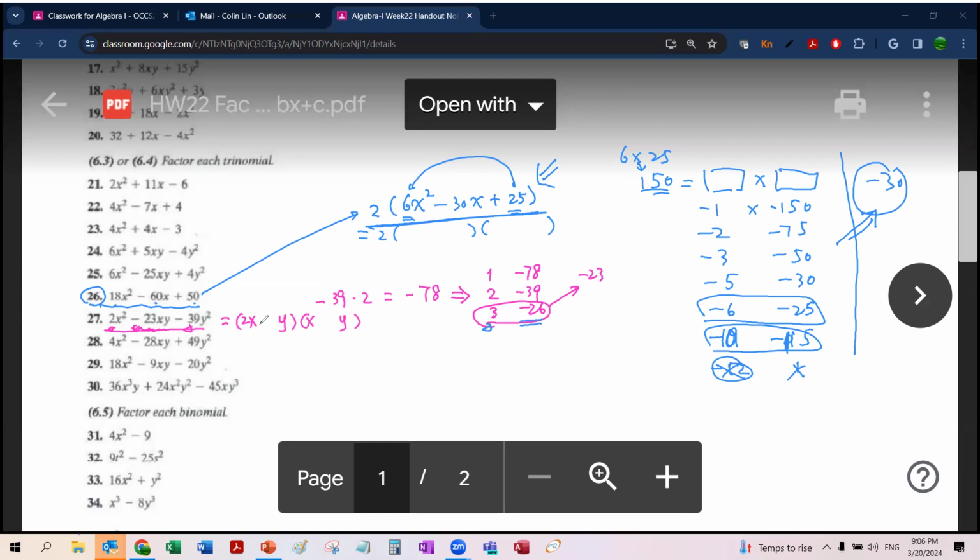So the 26 here will be negative 13, and here is positive 3. Let's double check it. This is 2x squared, negative 26xy, positive 3xy, so it became negative 23, right? The last one, negative 39y squared.